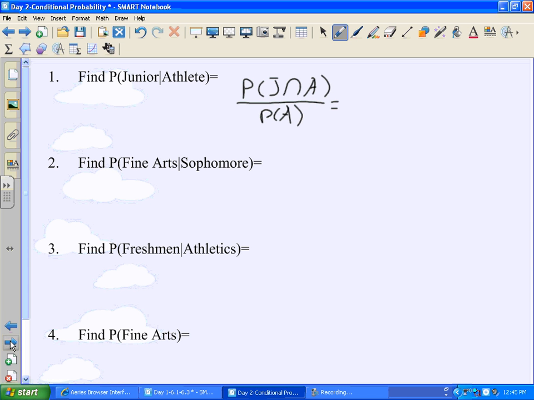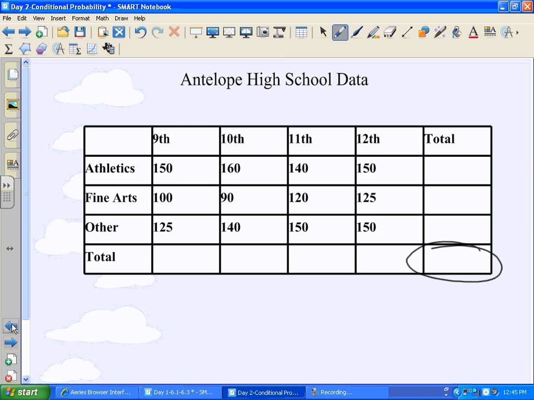In particular, I want to know, given that you are an athlete here on campus, what's the probability that you're a junior? So hopefully it makes sense to you that I'm talking about just athletes in this problem.